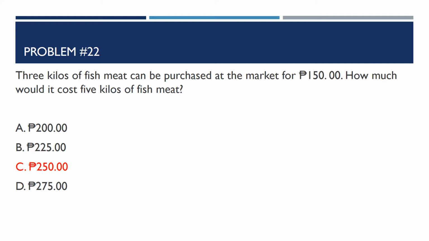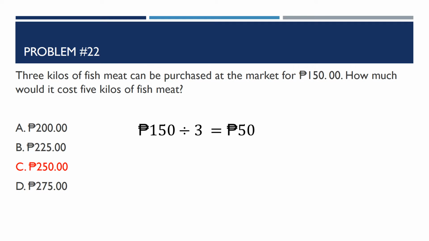So we know that it's 150 pesos for 3 kilos. So for us to know the cost of 5 kilos, we need to know first how much is each kilo. So using the given 150 pesos, we're going to divide it by 3 because 150 pesos is for 3 kilos.